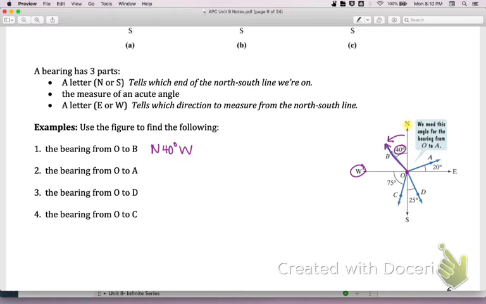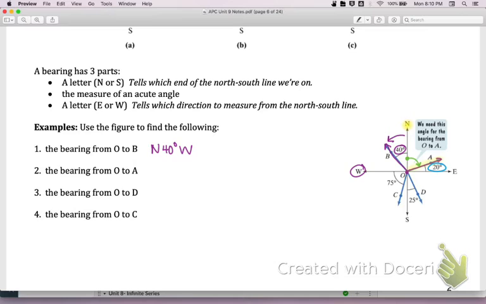Okay, so similarly then, if we want the bearing from O to A, here's what's sneaky about this. So O to A is this ray right here. Now, don't get tricked by the fact that they marked this 20-degree angle. Now, we're going to need that, but remember that to find the bearing from O to A, we again went to the north. The angle that we need is this one right here because it always has to be measured from the north-south line.